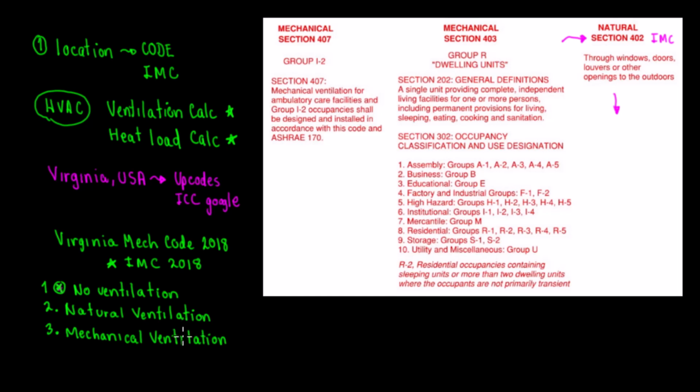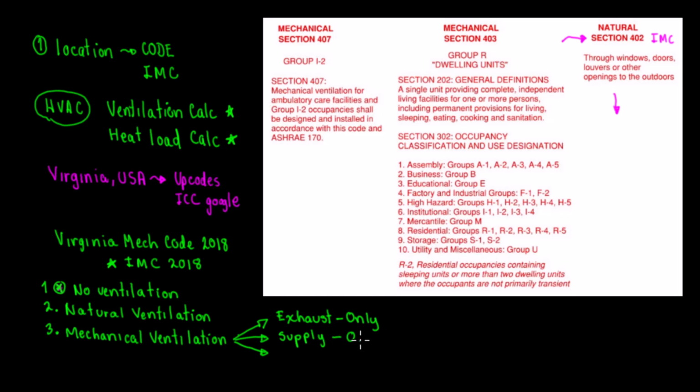So for mechanical ventilation, we actually have three options. What is option number one? Mechanical ventilation is the most important one. We're gonna put option one, option two, and option number three. Option one is gonna be the exhaust only. The other option is supply only, or they also call it fresh air strategy.